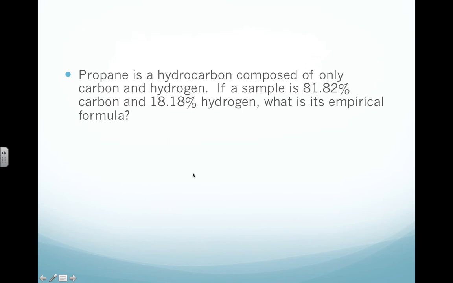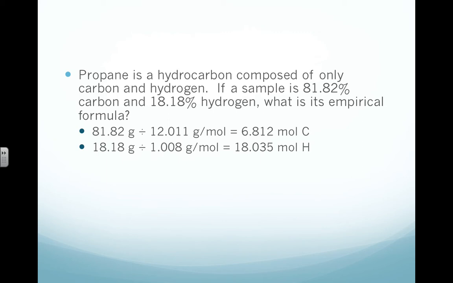Okay, here's an example where propane is a hydrocarbon and it has only carbon and hydrogen. Now they give you percents, so they say 81.82 and 18.18, and they want to know what the empirical formula is. Well, like I said, you can take that percentage and turn it into grams. So instead of 81.82%, we're putting that into grams, and notice that we're dividing it by the molar mass of carbon.